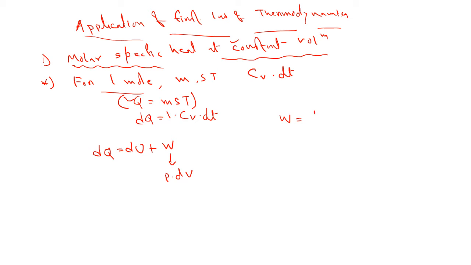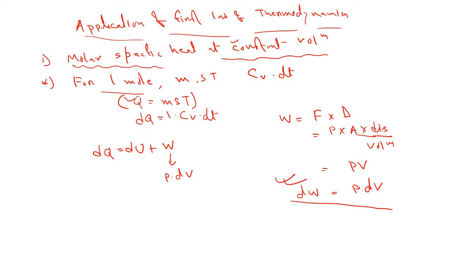We can also write this as pressure into displacement by volume, so p into V. If it is dW then it is p dV. So we can convert our W equal to p dV using this formula.